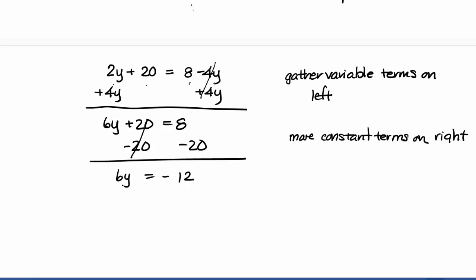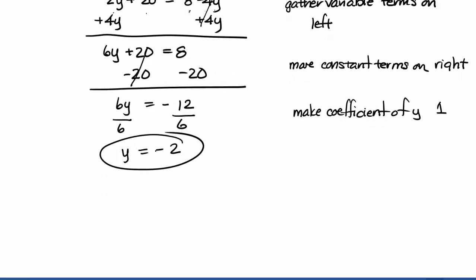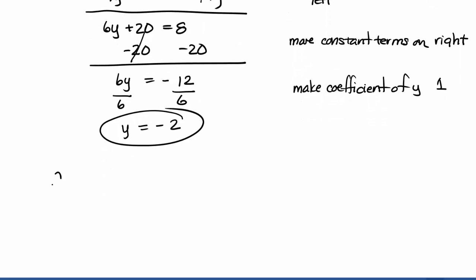So now I have my variable term and my constant term. And the last thing I do is divide both sides, use the division property of equality, right? So I'm making my coefficient of y 1, right? So that just becomes y equals negative 2. And that's my answer. And of course I can check it.